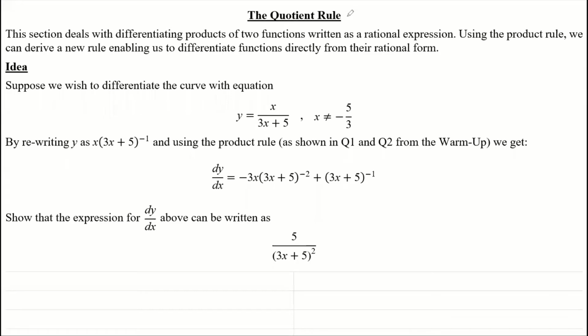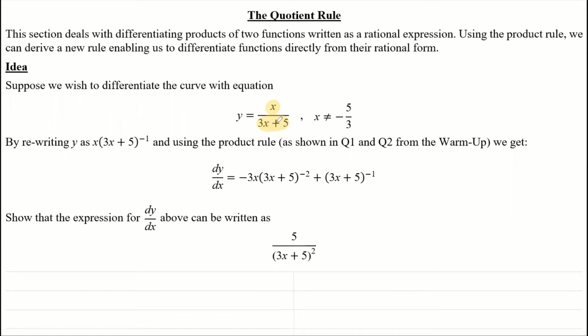And we use the quotient rule in situations like the one presented here. If you have one function divided by another function, and when I say function, I mean a rational expression, an algebraic expression. Now, we've already looked at the derivative of x divided by 3x plus 5. That was in the warm-up.